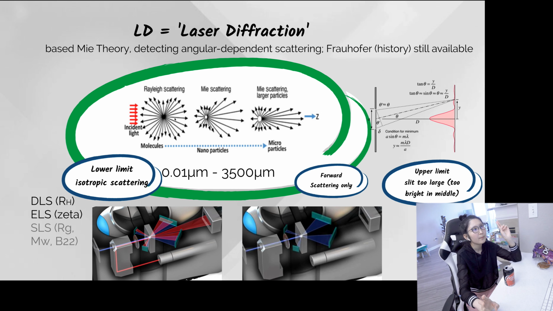I put the quotation marks here because we still call this technology laser diffraction, I think, for historical reasons, because rigorously speaking, it's not diffraction. As we just said, diffraction is wave superposition, and it needs the particle to be opaque. It's really talking about Fraunhofer diffraction, but that's not the case because what we use here is the Mie complete theory.